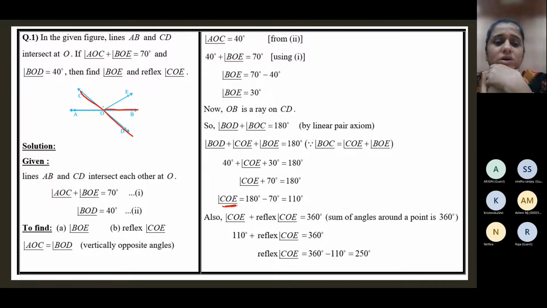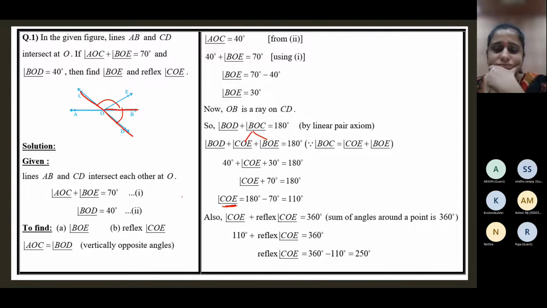OB is a ray on line COD. BOD plus BOC is 180, ma'am. Linear pair axiom. Okay. Then BOD plus angle COE plus angle BOE is equal to 180, ma'am. That is, you're splitting BOC into these two angles, is it? Yes, ma'am. Okay. 40 plus COE plus 30 is equal to 180, ma'am.